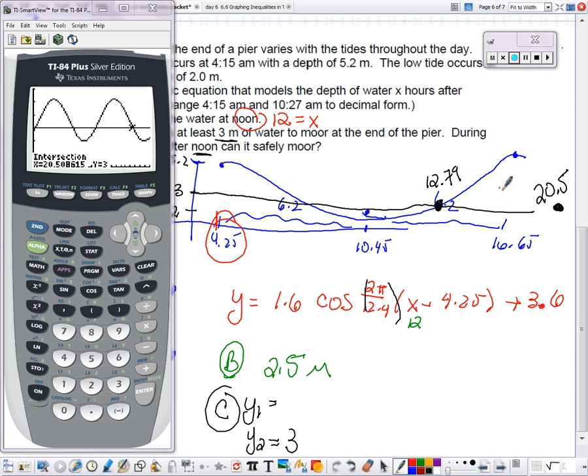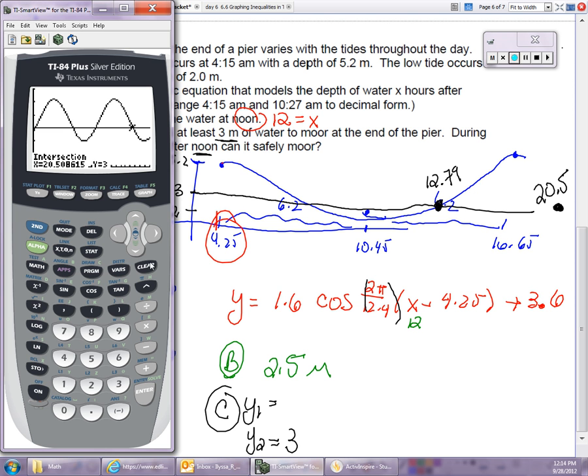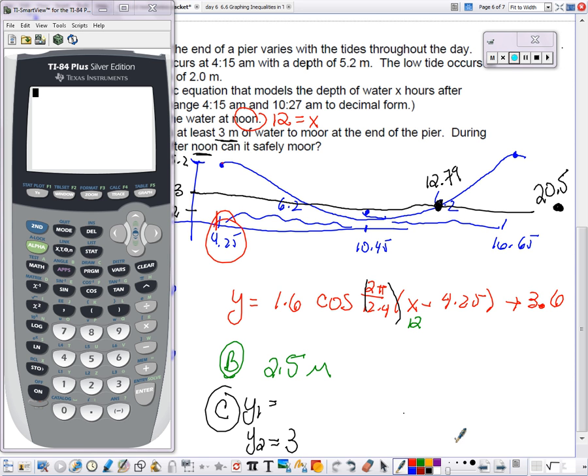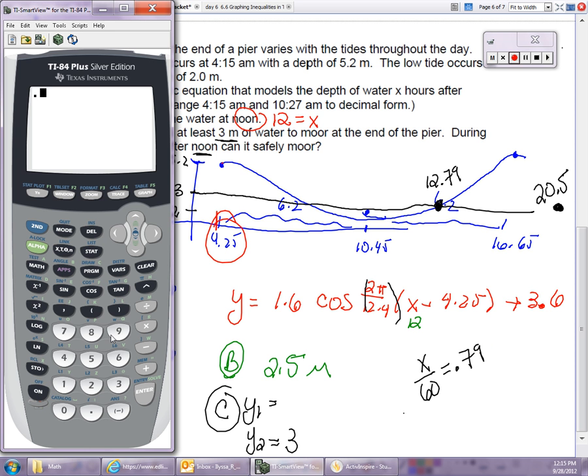Now I need to change these back to minutes. So we need to know what over 60 equals 0.79. So if I do 0.79 times the 60 minutes, that is about 48 minutes.